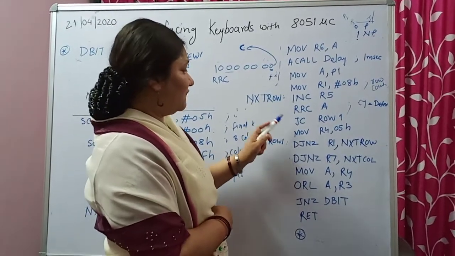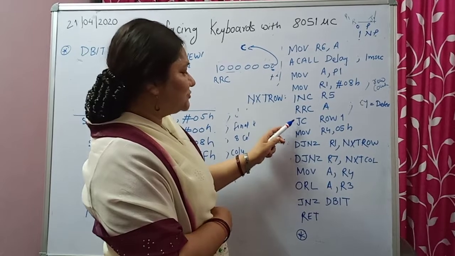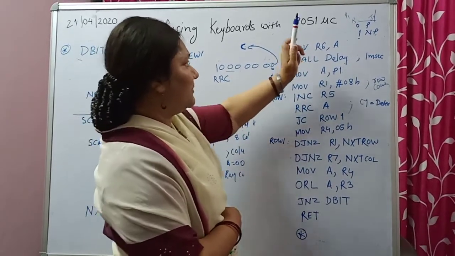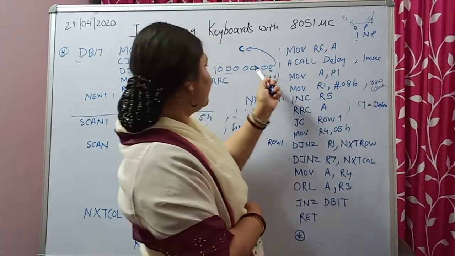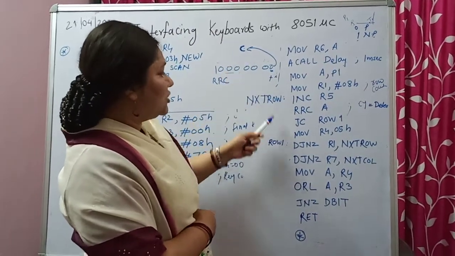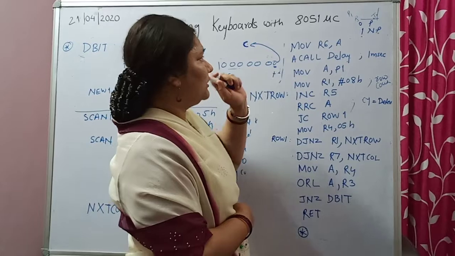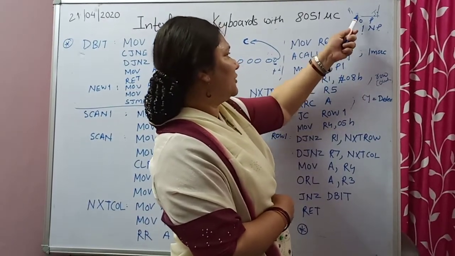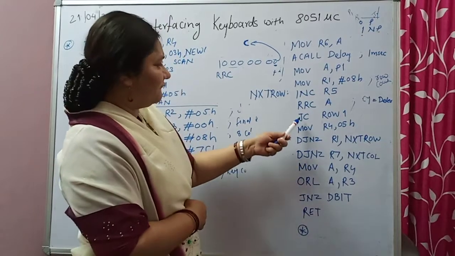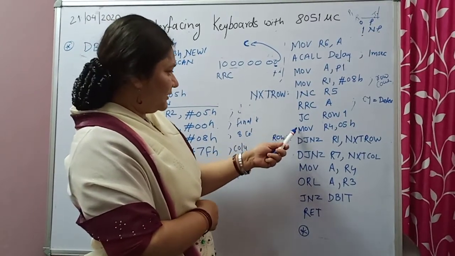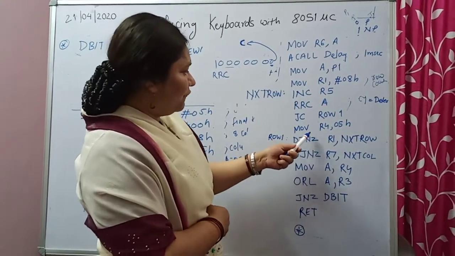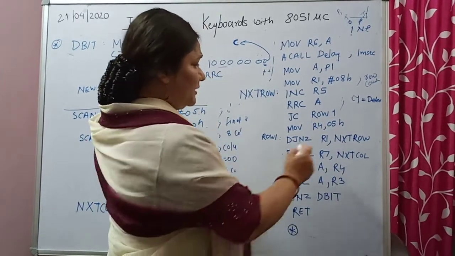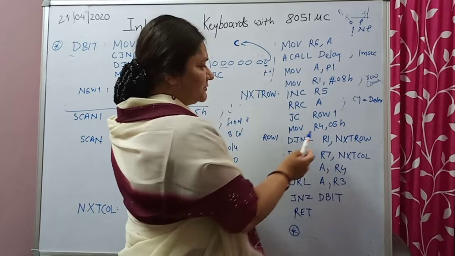But what if carry is not set? That means some key is pressed, because 0 has been moved to carry. Only 0 will move when the key is pressed on that particular row. So if we find there is no carry, what are we doing? MOV R4, 05. What is 05? Here 05 is not data.